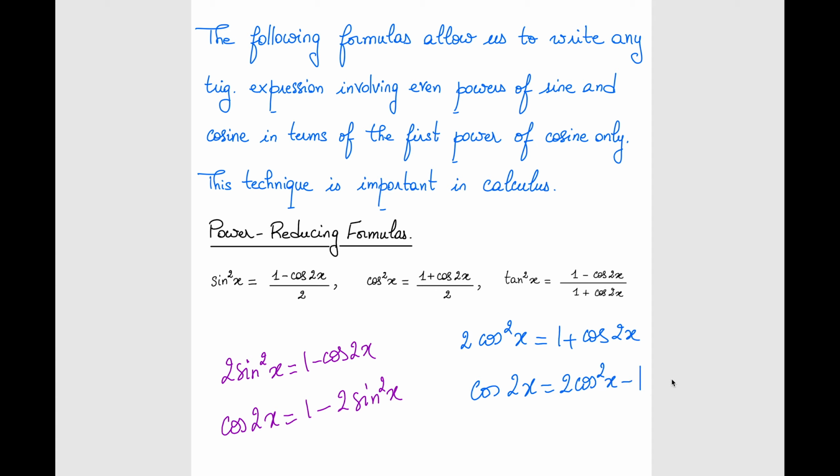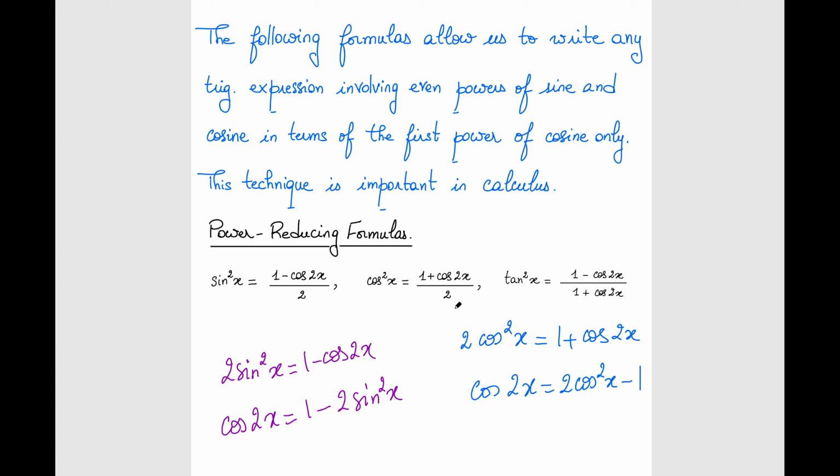And do you recognize this? This is one of the other double angle formulas for cosine, correct? So where does this come from then? This is just going back to this double angle formula for cosine and solving for cosine squared. You get it?